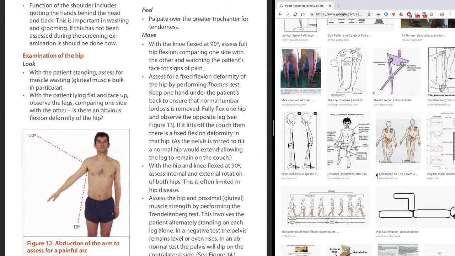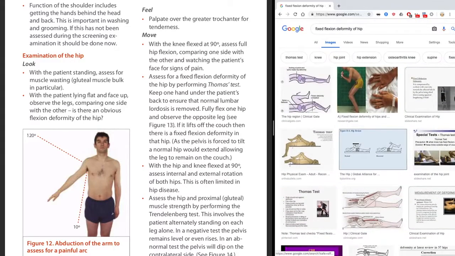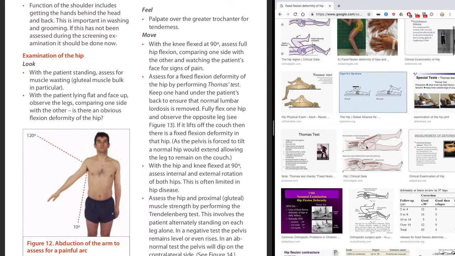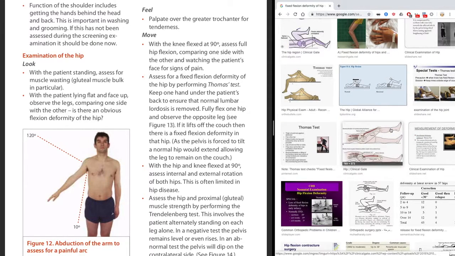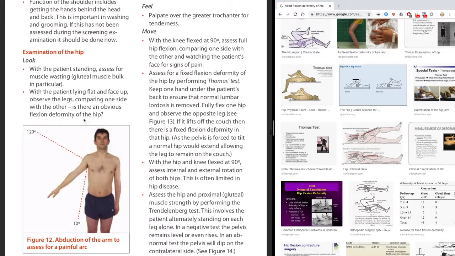Anyway, fixed flexion deformity means that the hip is fixed in flexion. It cannot extend the hip joint. The hip joint is right over here, so it can only be fixed at flexion. This is a really severe case already, I think. If it's severe, you can see that one of the legs is being raised or the hip is uneven. So you can see that.